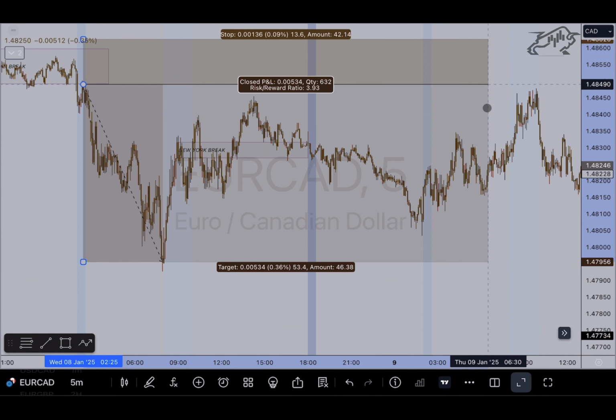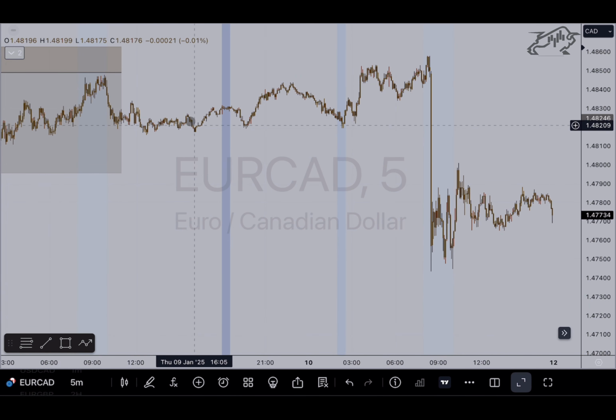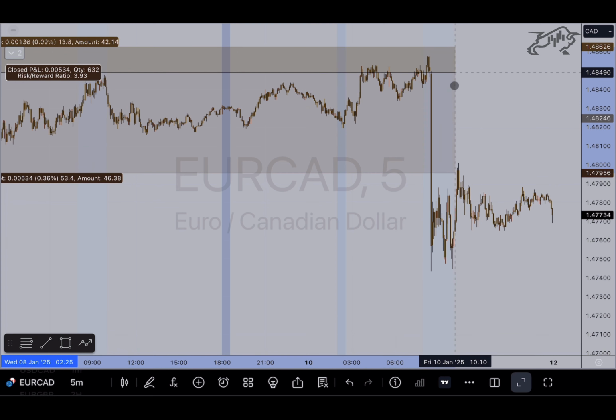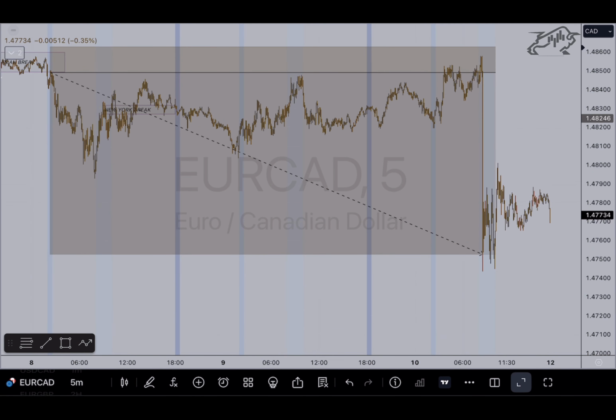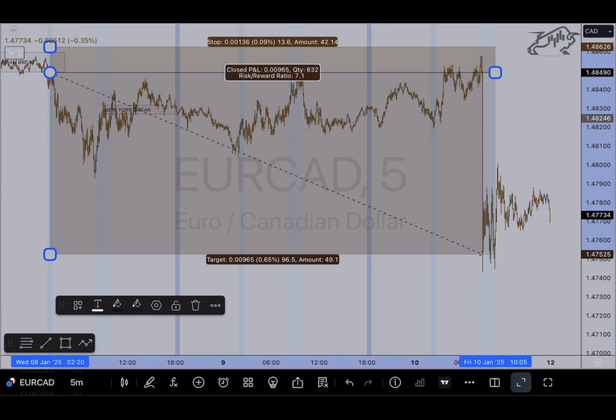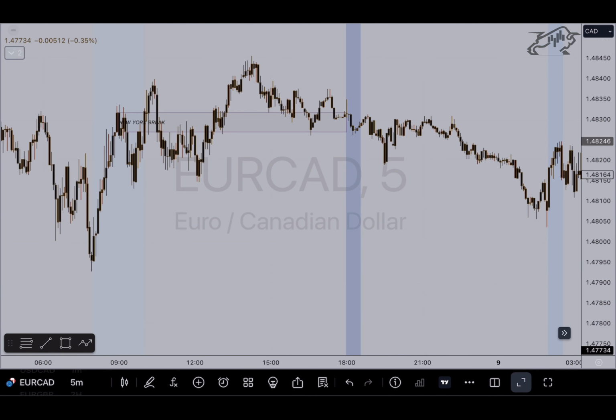This one, it would have tested our wits. Did we get stopped? If we held, we do not get stopped. But would you have held it? This is a lot of patience, you guys. However, we are day traders.